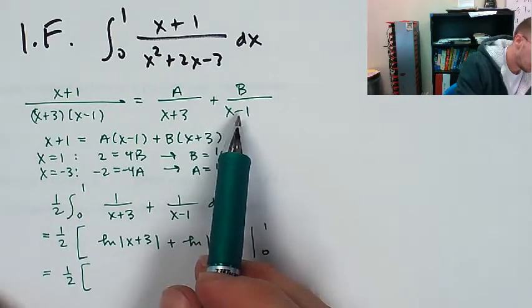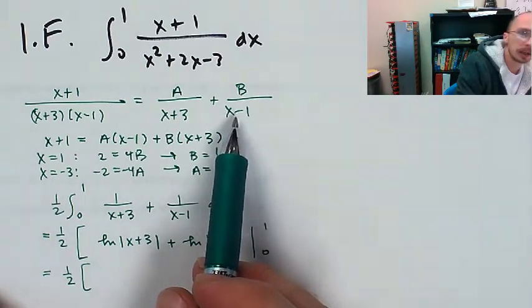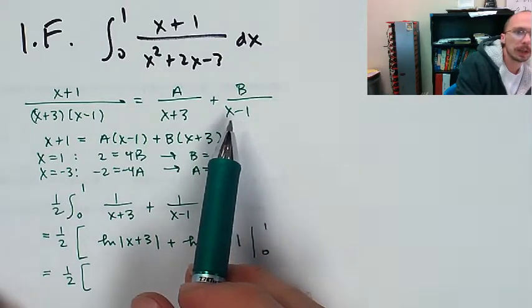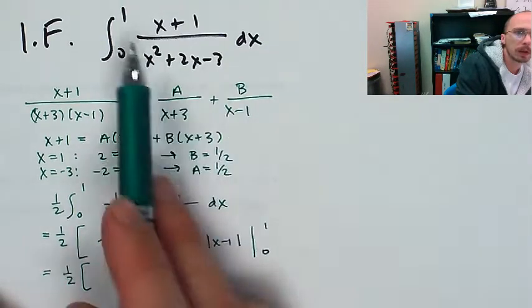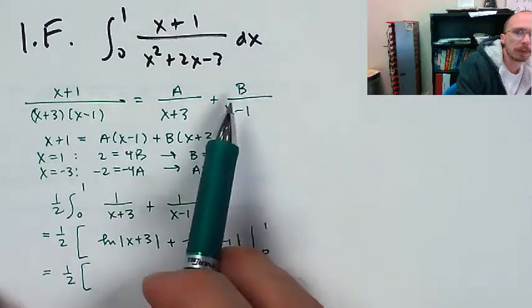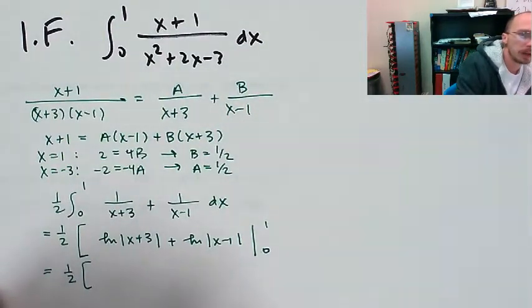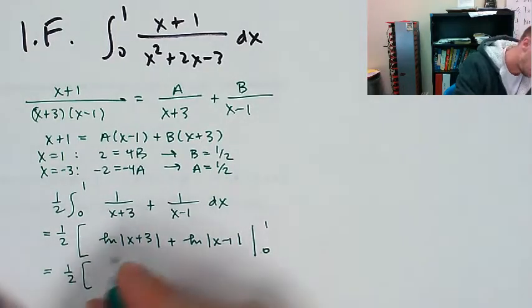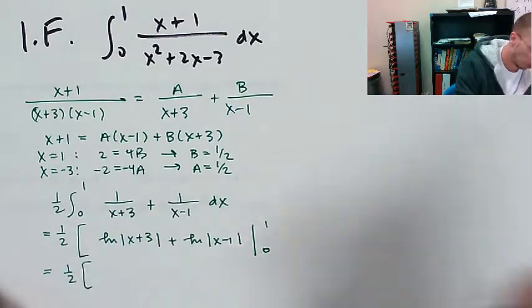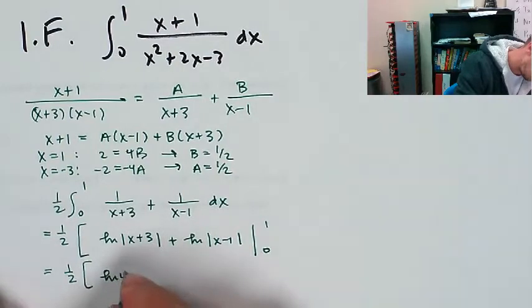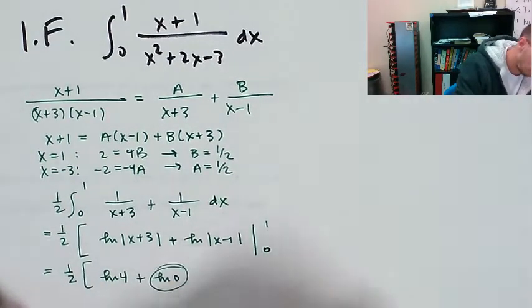ooh, that's going to cause a problem, I think, with the x minus 1. Yeah, that's troublesome. This is an improper integral. Oh well, it's going to be okay. At this point in the course, you say, all right, log of 4 plus log of 0. That's troublesome.